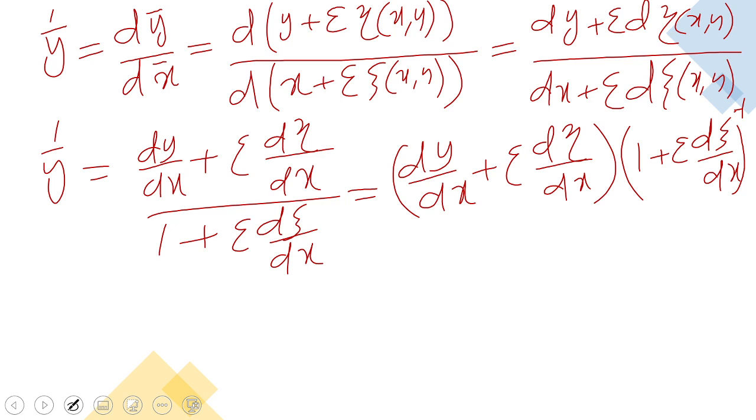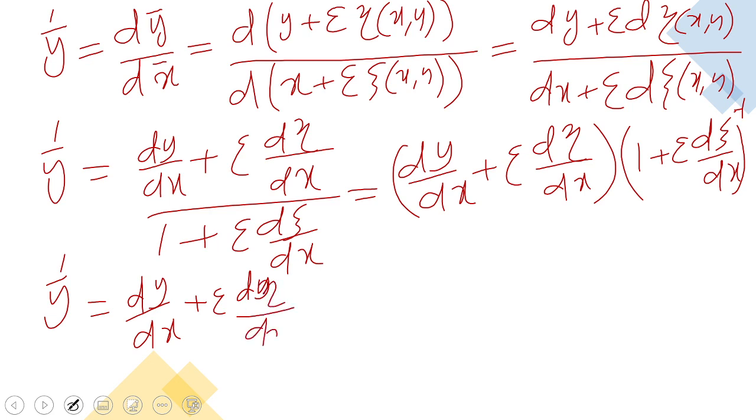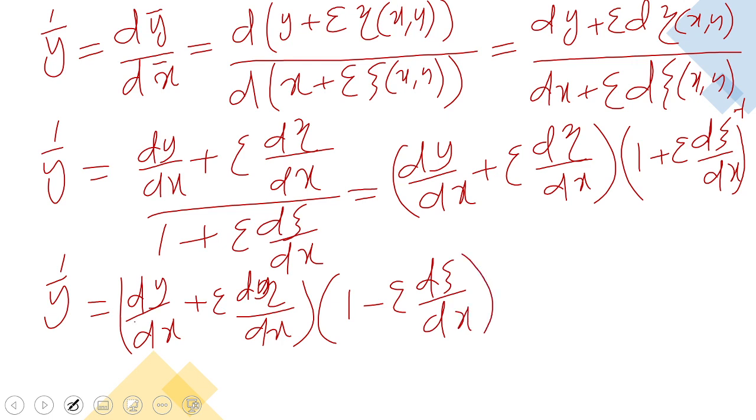Okay, now using the binomial theorem and neglecting higher powers of epsilon, we have eta, this 1 minus epsilon d xi over dx. So I'm writing further, this will be y dash.